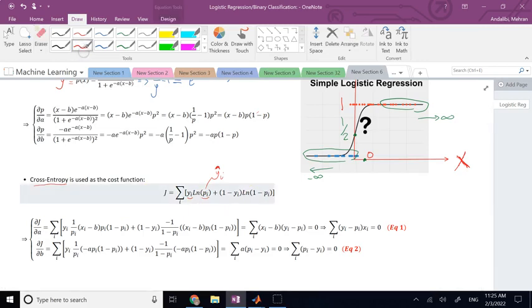And you might say, well, where is the second term coming in? It's because you have two classes of data. You have one class for which yi is 1, and you have another distribution for which yi becomes 0.